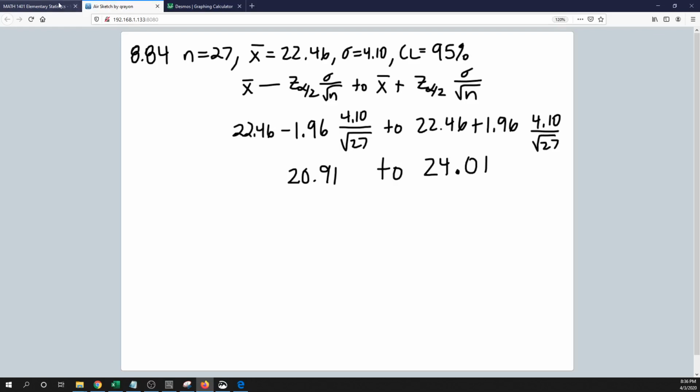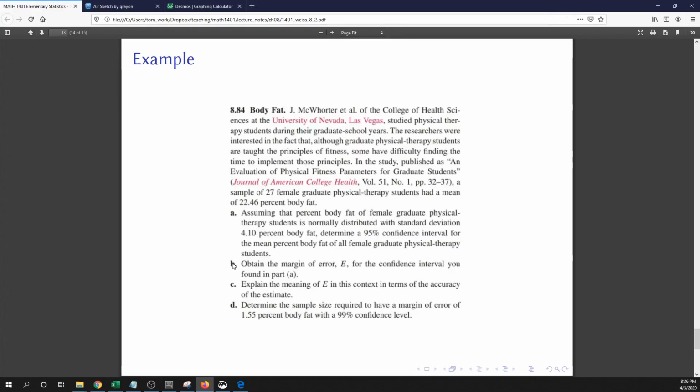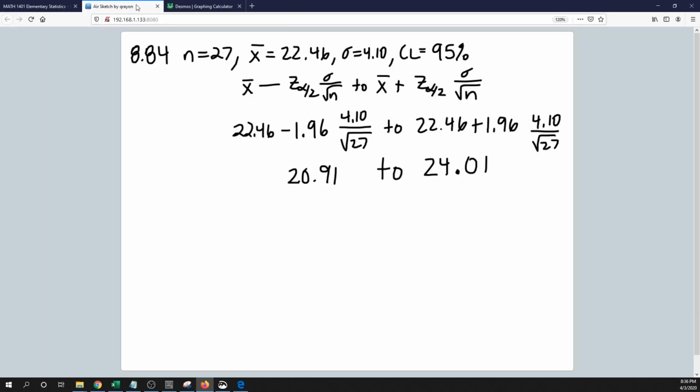Next up is Part B: obtain the margin of error for the confidence interval you found in Part A. We know the formula for the margin of error is z of alpha over 2 times sigma divided by square root n.